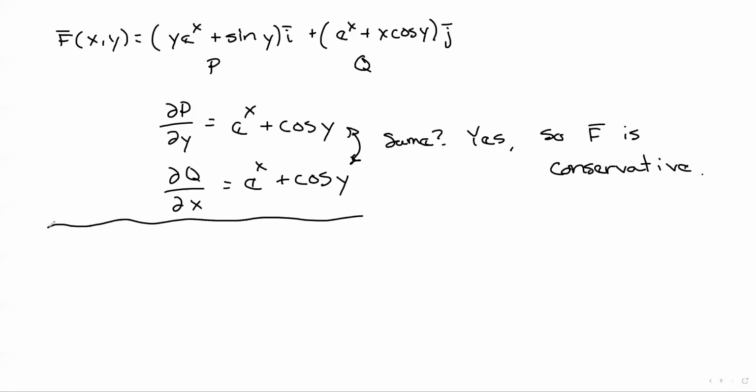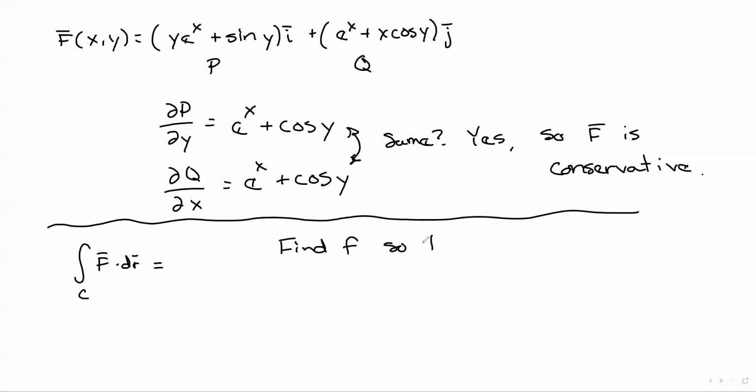So that's the next question, right? Let's say you've got F dot dr, and you ask yourself, well, I'd really like to use the fundamental theorem of line integrals on this. So the first thing you ask yourself is, is F conservative? Well, we've got a test for that. And then the second thing, to use the fundamental theorem, we need to be able to find lowercase f so that the gradient of lowercase f equals capital F, right?